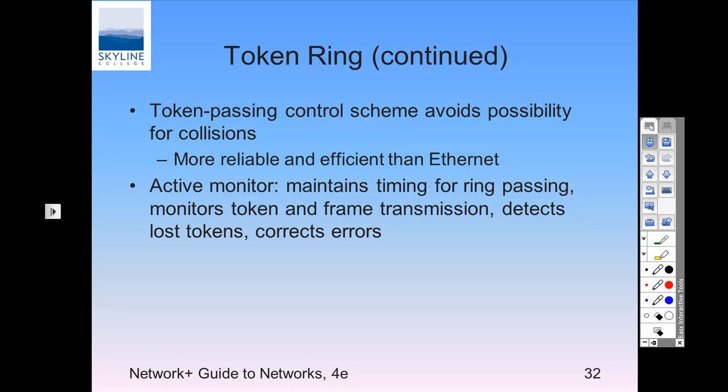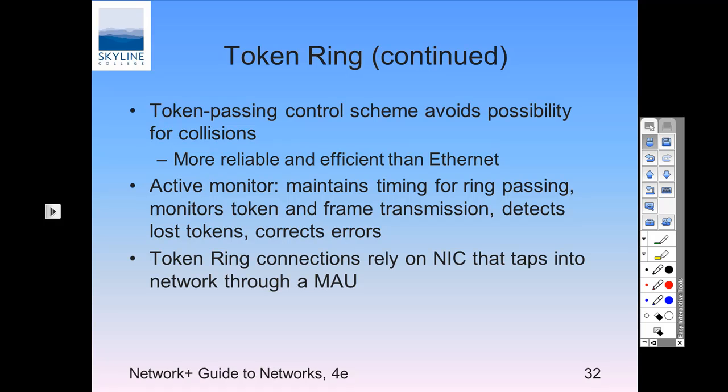The active monitor maintains the timing for the ring passing. It monitors these things to be sure that they've got connectivity. It's a self-monitoring device, and if you wait so long without getting something from your nearest upstream neighbor, it reports a network failure. So it does some monitoring itself, where Ethernet doesn't do that.